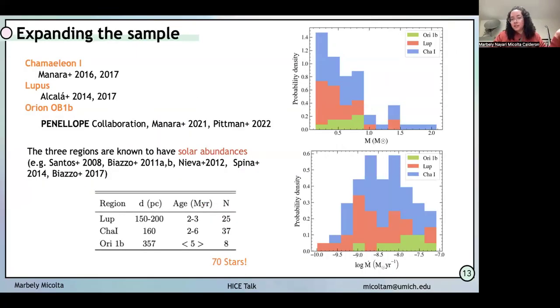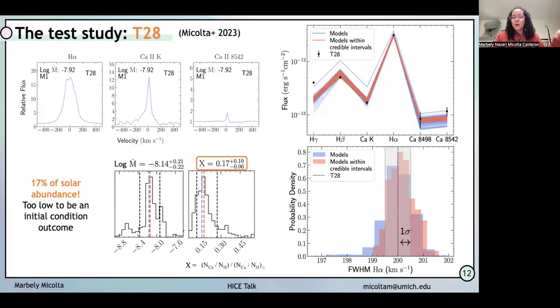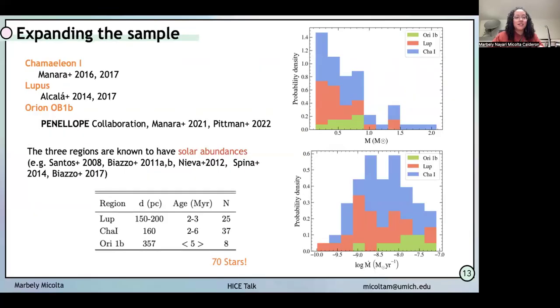So this result left us with more questions than answers. We were very interested to follow up on this result. We were also interested to see if we see this behavior in other star-forming regions, to see if there was a common behavior. And we started doing that by expanding the sample.